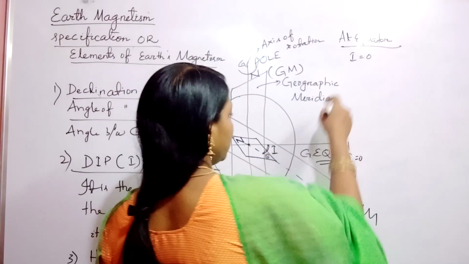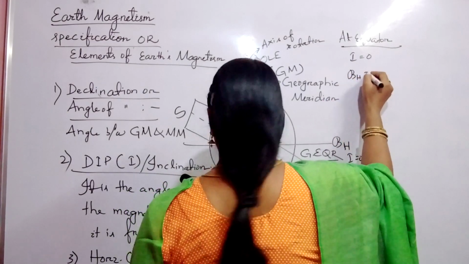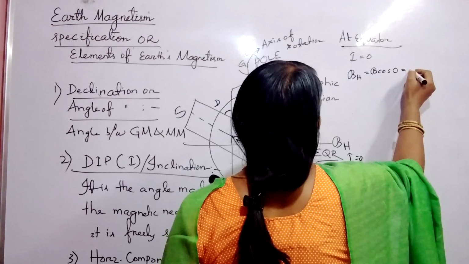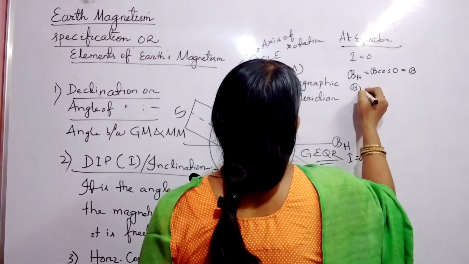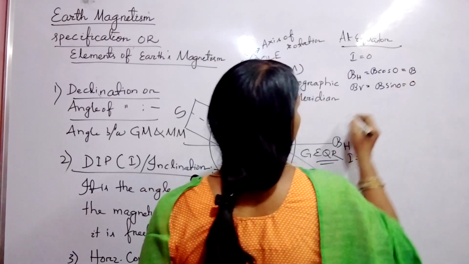So if my I angle is 0, then what will happen to my BH? BH equal to B cos 0. B cos 0 equal to 1, so B. What will happen to the vertical component? B sin 0, that is equal to 0.